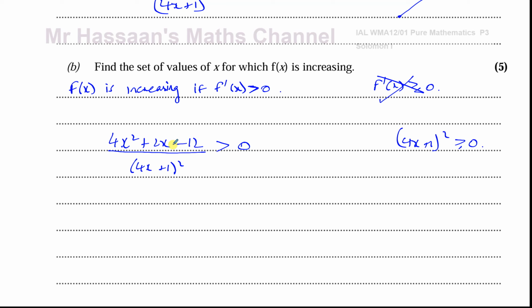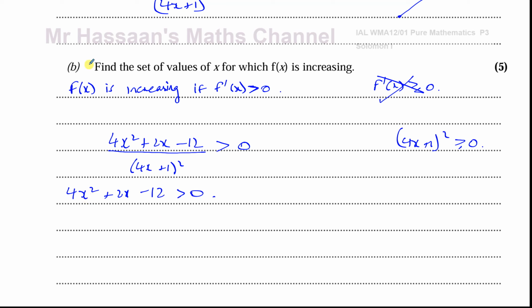That means 4x² + 2x − 12 has to be greater than 0 as well. If this is true, then that is true as well.